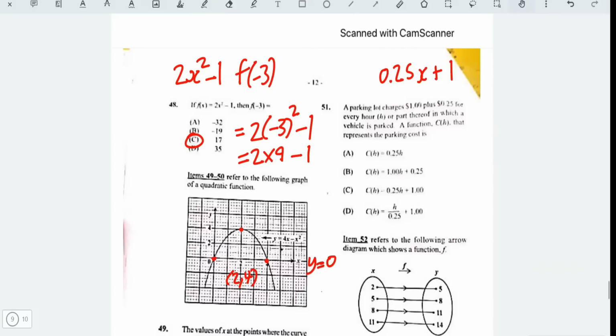Okay, so that's what we need. We need a function Y being 0.25 for every hour. So every hour represents X or H. All right, so 0.25 H plus 1. 0.25 H plus 1, that's option C. All right, the $1 is a fixed cost that you must pay. Nice.